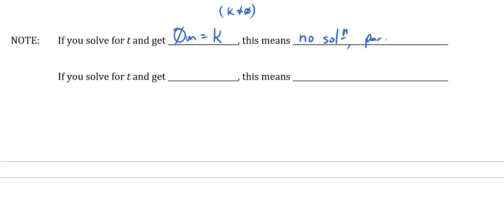They're parallel and distinct. And if we got something like 0m equals 0 or 0t equals 0, obviously whatever the variable is, this is infinite solutions.